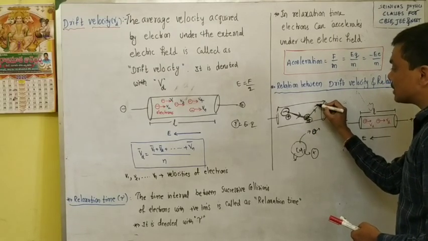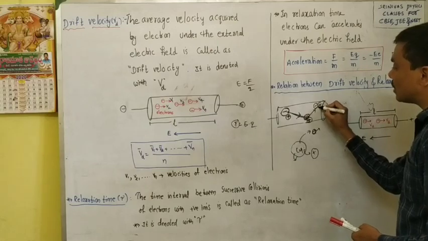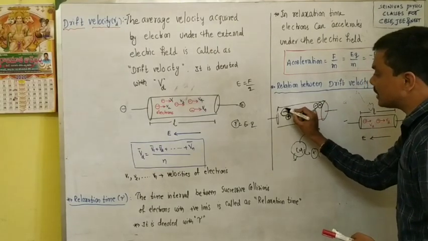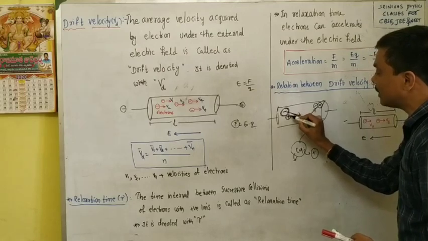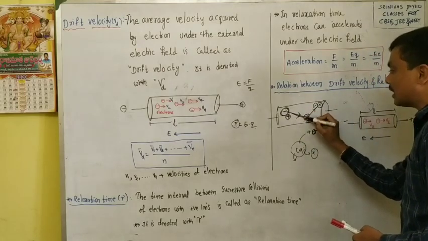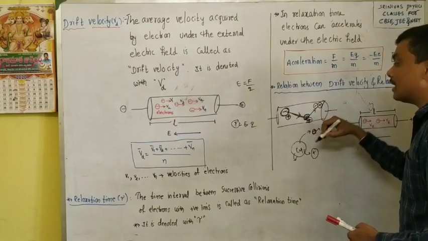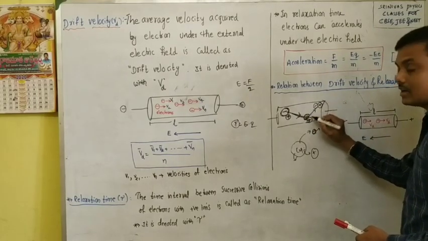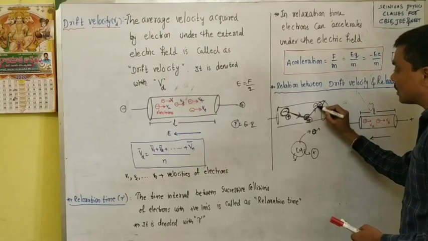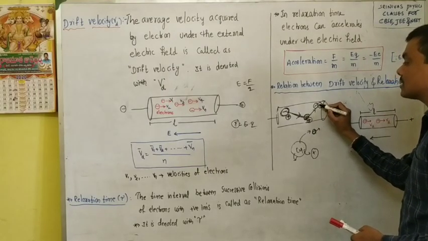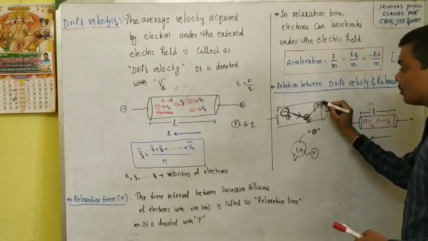Again here it collides with some other ion. That means again the electron is going freely from here to here, and after that, it collides with some other positive ion.